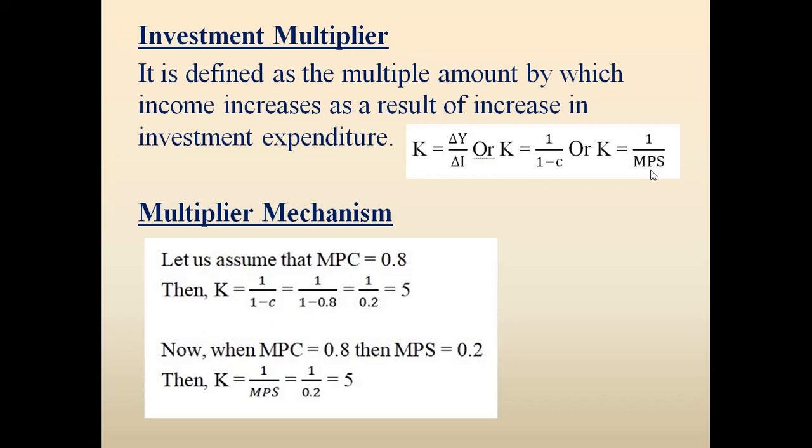This is quite confusing, so this will confuse you. It will be better if we try to understand from MPC and MPS, not via change in income and change in investment. It will be better.